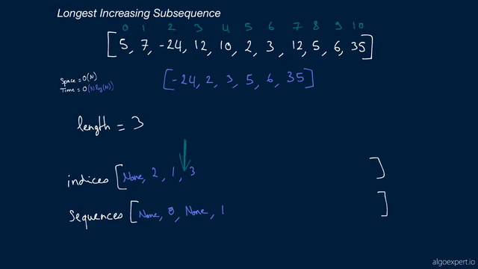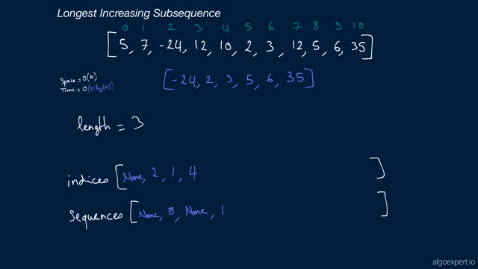And what's going to end up happening is we're going to say, well, we know that at index 2, we've got a longest increasing subsequence of length 2 that ends in 7. 7 was the greatest number less than 10 that ended a subsequence. So we can have an increasing subsequence of length 3, so it would be stored here at index 3, that ends in 10. And 10 is smaller than 12, so we just overwrite this. We overwrite this 3 here to be 4.